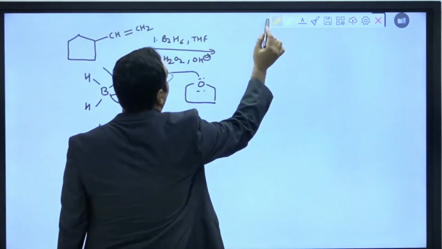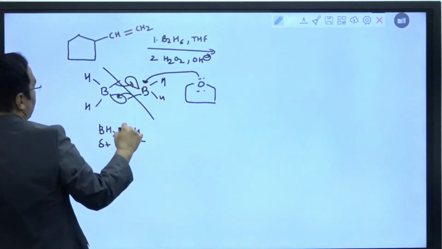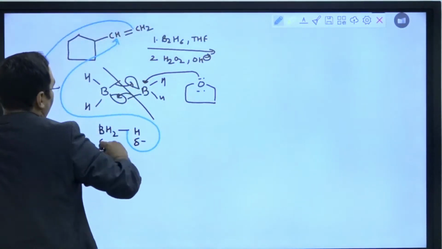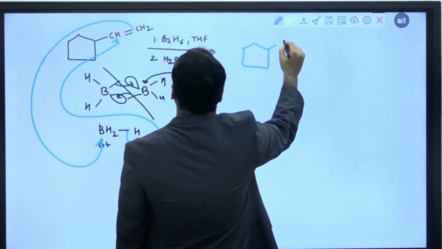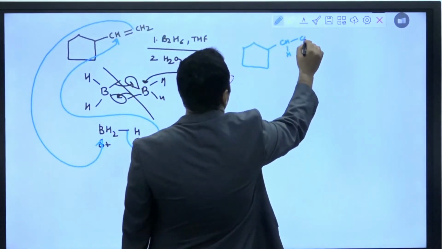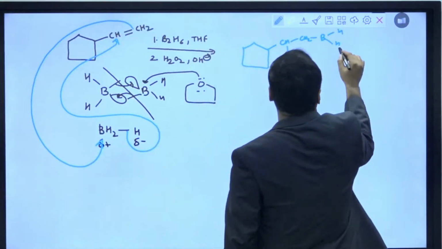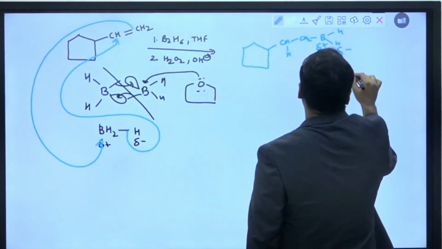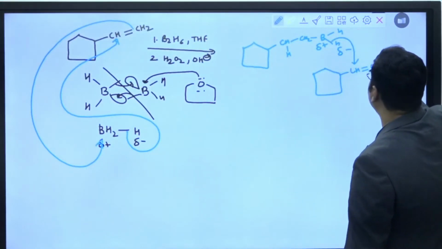Then the negative part will go and attack, and this part will go and attack here. So what is the product? At the first level, what is going to form? CH, H, CH2, BH2. Again make delta minus, delta plus, bring another unit of this, CH double bond CH2, attack here, this part will go and attack.